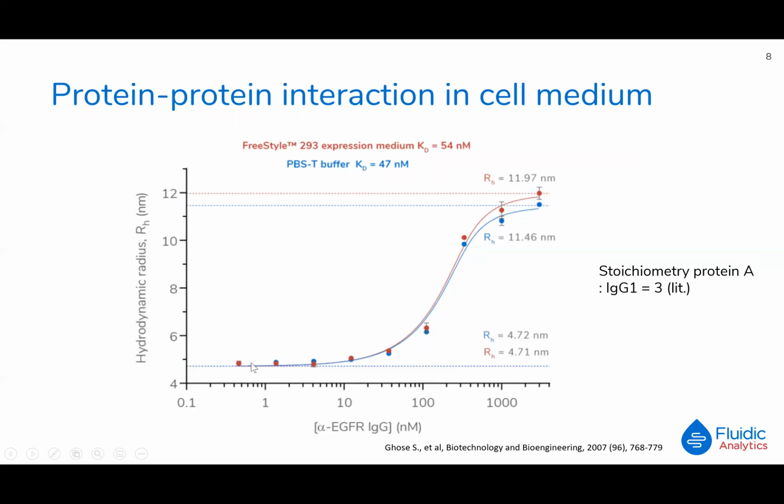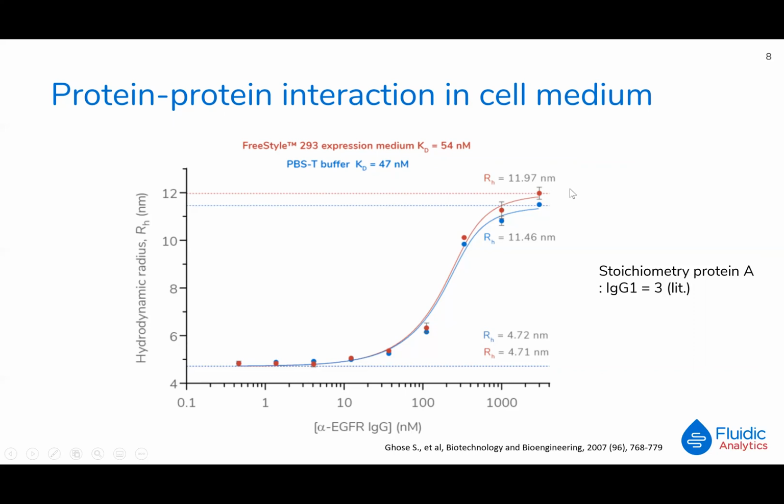We could see that the radius increases with increasing binding partner concentration, showing that there's an interaction. And we were able to fit the curves for the two different buffer backgrounds to measure the KDs of interaction. The KDs obtained were in the similar range for both backgrounds, showing that the protein A IgG interaction is unaffected by the matrix.